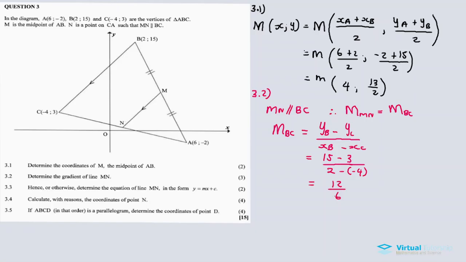So it's 12 over 6, and 12 over 6 is 2. So the gradient of BC is equal to 2. Therefore, the gradient of MN is equal to 2 as well. All right, so I think I'll erase so we can answer 3.3.